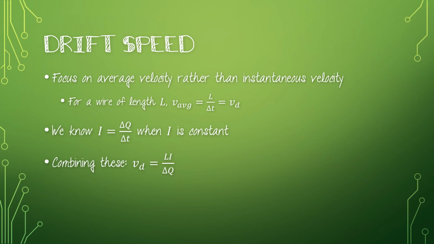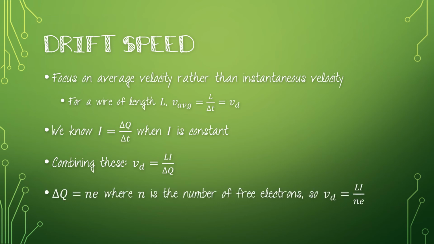If I solve my current equation for delta t, I get delta q over I, and when I plug that in for delta t, I end up with length times current divided by delta q.